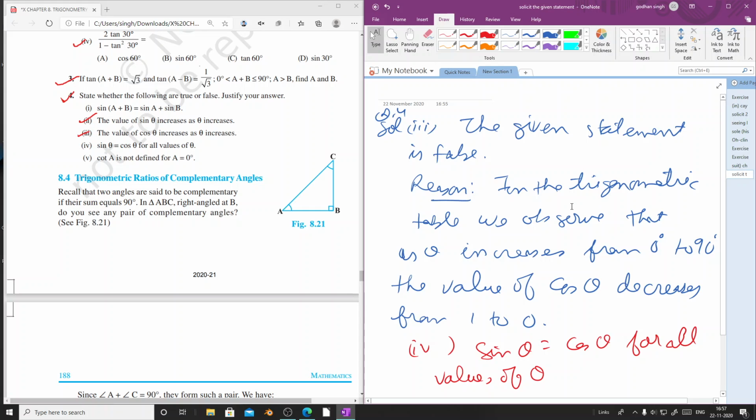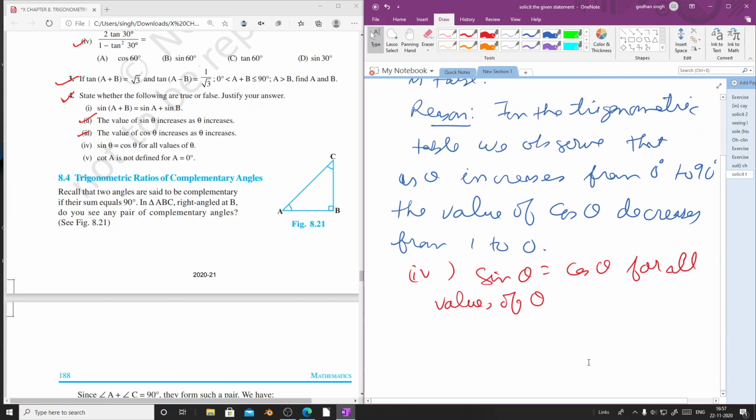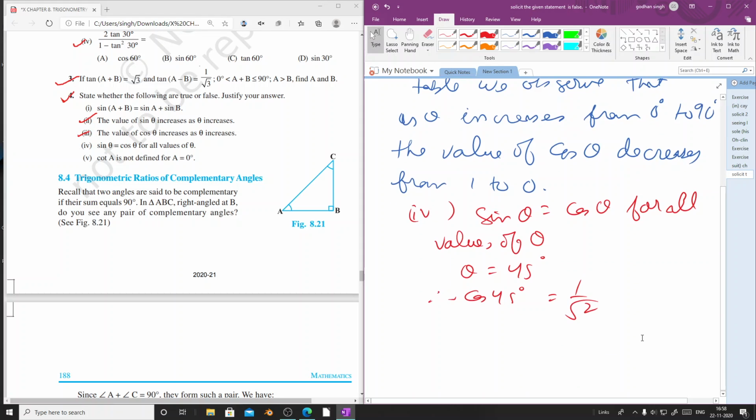Now let us take any value. Suppose we take theta as 45 degree, then sin 45 degree is equal to 1 by root 2, and cos 45 degree is also 1 by root 2.